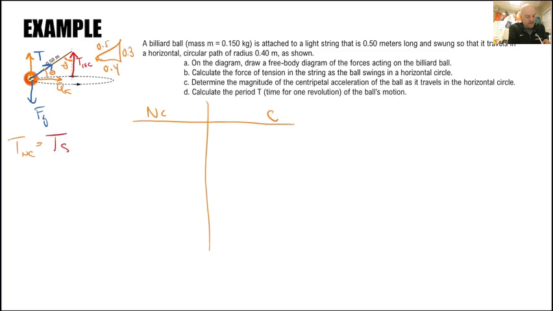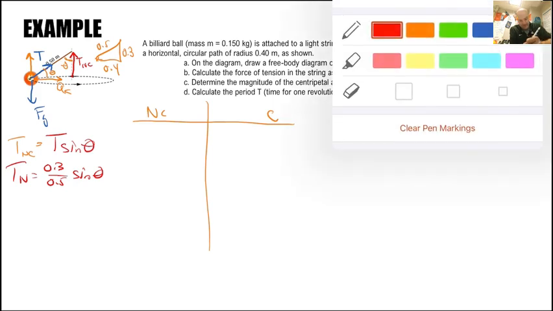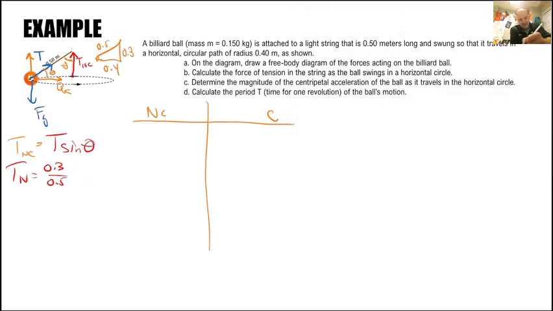So we say T sine theta, where sine theta is simply 0.3 over 0.5. So T non-circular is going to be 0.6 T.